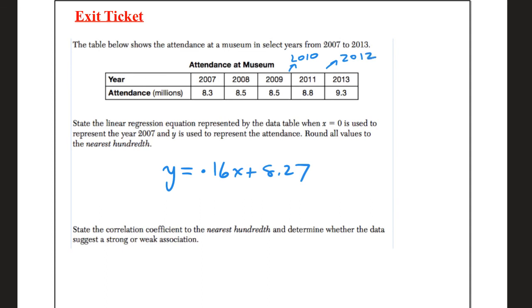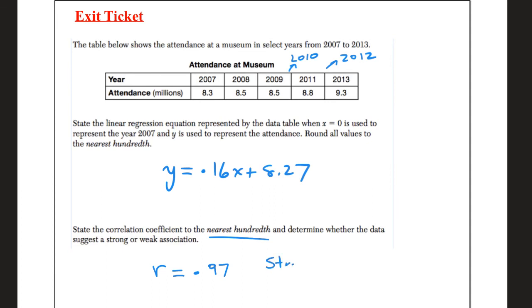And now, hopefully, if you had diagnostics on, you already see this on your screen. You don't have to press it again. It said state the correlation coefficient. To the nearest hundredth, it was 0.97. Determine whether it's strong or weak. As we've talked about, closer to 1 is going to be a stronger relationship.